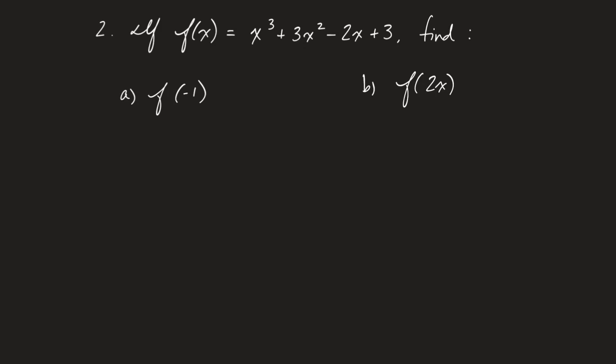You take a look at A, and we should be reminded that our function was f of x. It's a function that is called f, and it is made up of x's. And so when I see the notation f of -1, that's telling me that I replace my x with a -1. I need to replace all my x's with a -1.